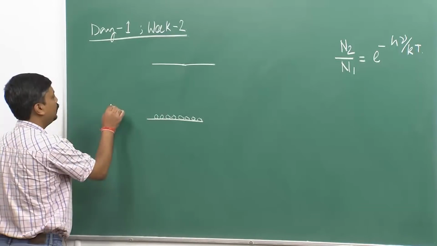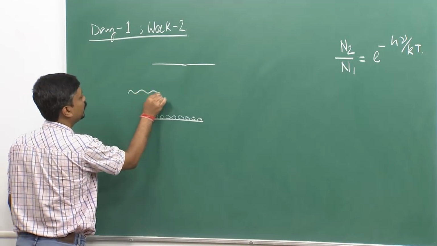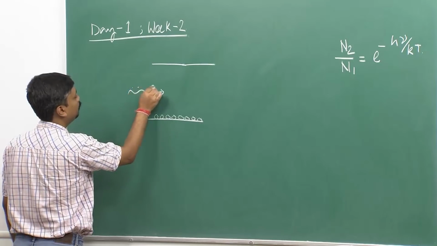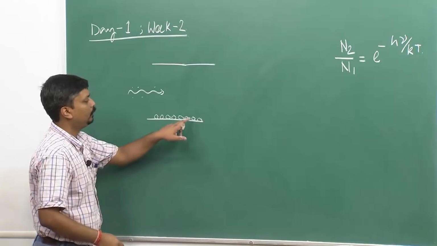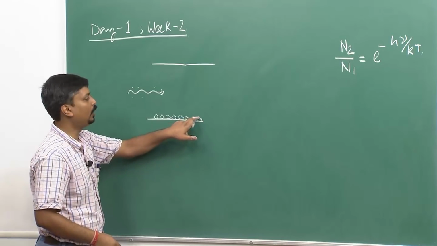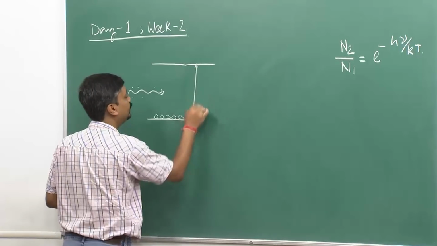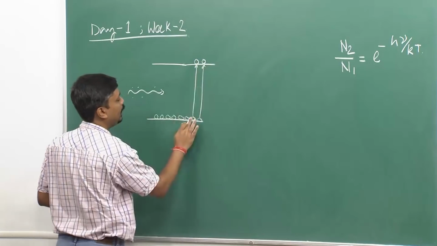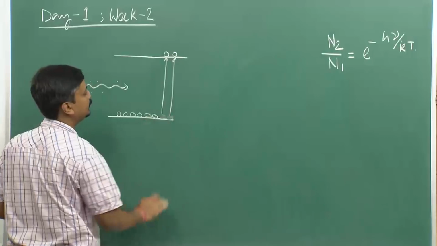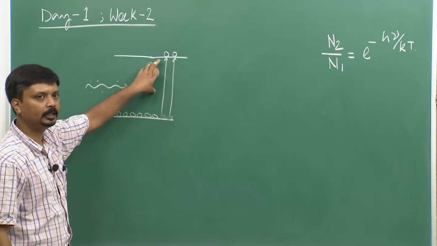Now, in step 1 I come with some photons. There are many photons I am sending in, and 2 of these atoms are going from here to here, fine. So, they make a transition here, this one makes a transition here. So, I essentially have this one and these 2 are non-existing here. After sending these photons I get this condition.